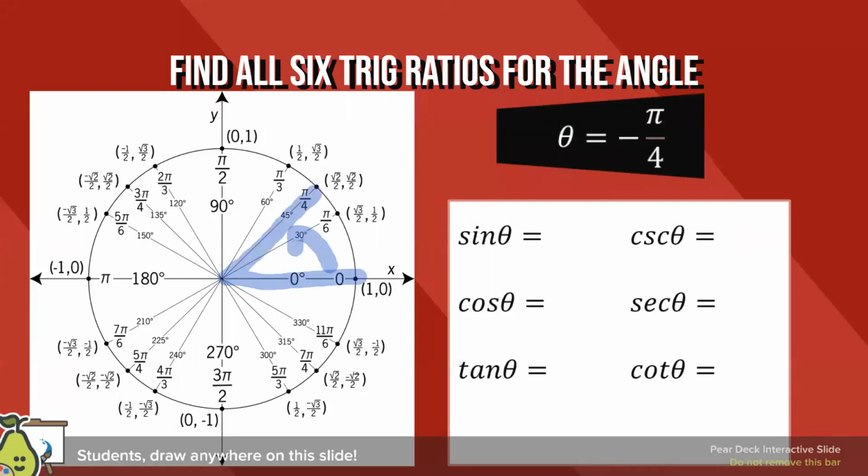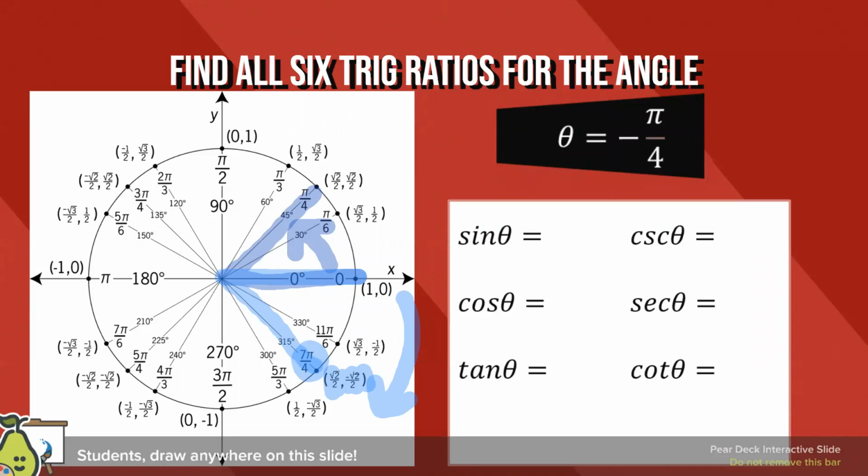That is positive pi over 4. I'm not interested in the positive though. I'm actually interested in negative pi over 4. So it's a similar idea, except we're going to go in the negative direction. So we're actually looking at 7 pi over 4, which means we're looking at these coordinates over here in quadrant 4.